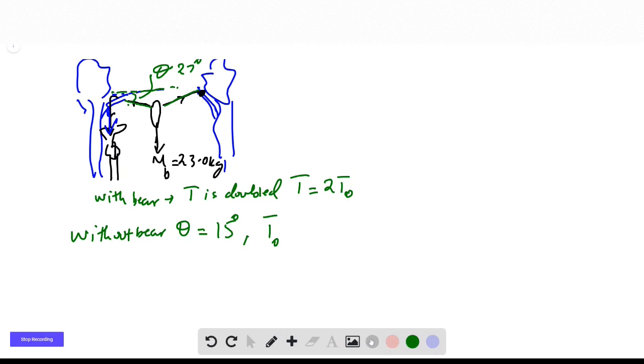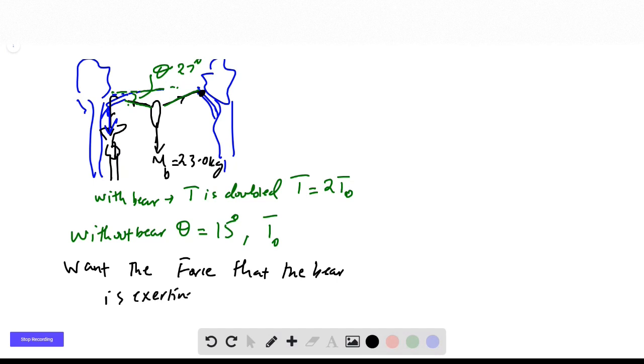So what we want to do in this problem is compute the force that the bear is exerting on the backpack.